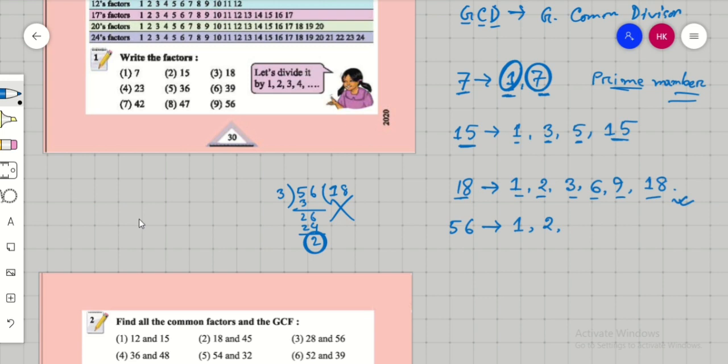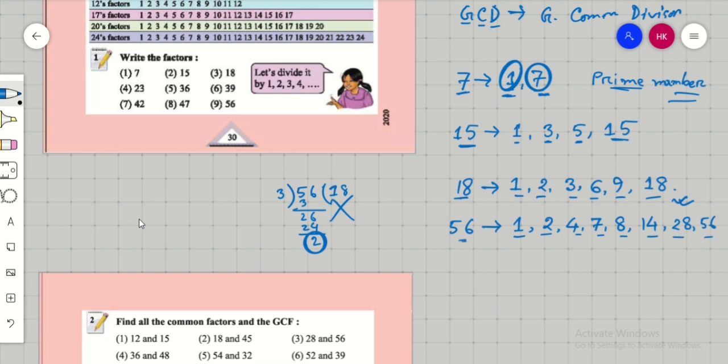So we cannot take 3, but we can take 4, and we can also take 5, 6, 7, then 8, then 14, and also we can divide it by 28 or 56. So these are the divisors or factors of 56.